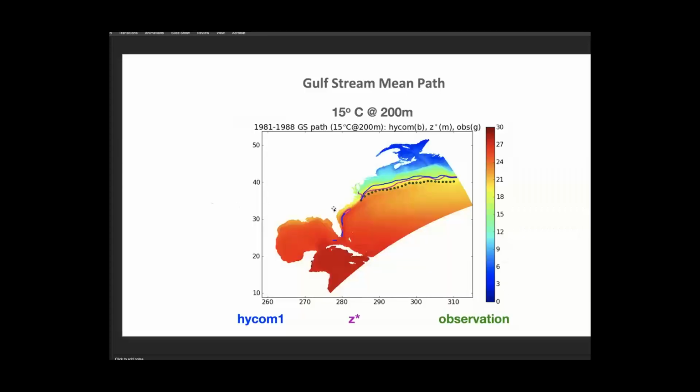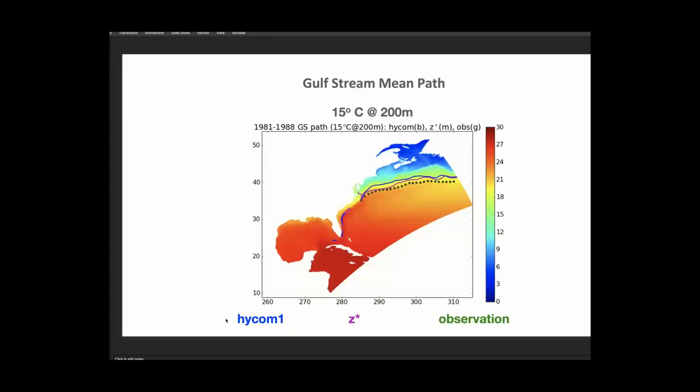We are indeed evaluating the Gulf Stream. Here, the dots show the observational path, the 15-degree isotherm at 200 meters, and you can see that the model is overshooting a little bit.